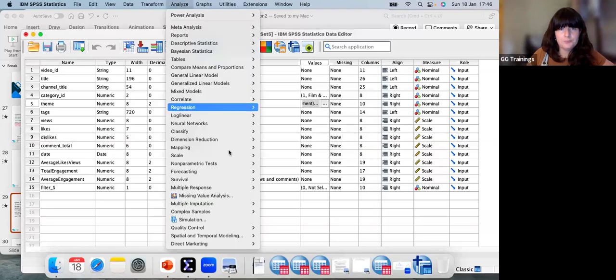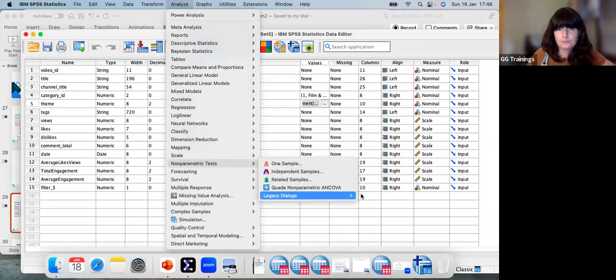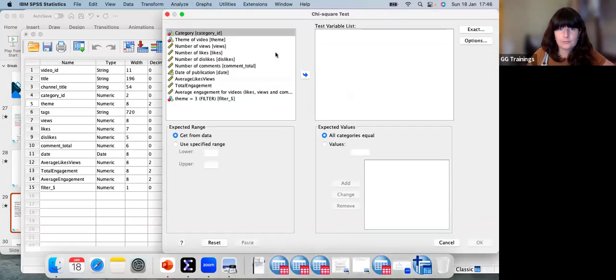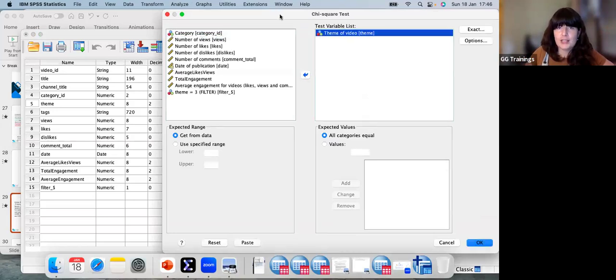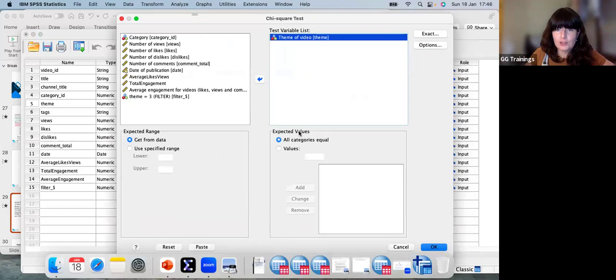Go back. Okay, to enter the percentages, you need to go down here to your expected values, click on values, and say it's 20% first, then you put 20 and you click add. Next is 30. I'm making these numbers up, by the way.